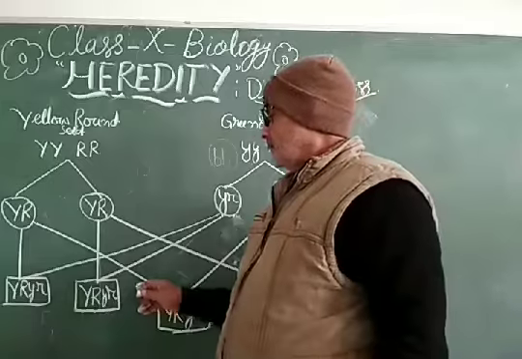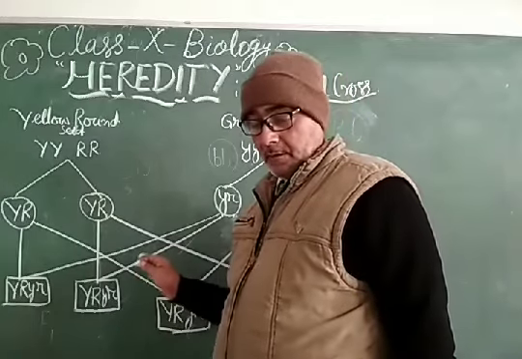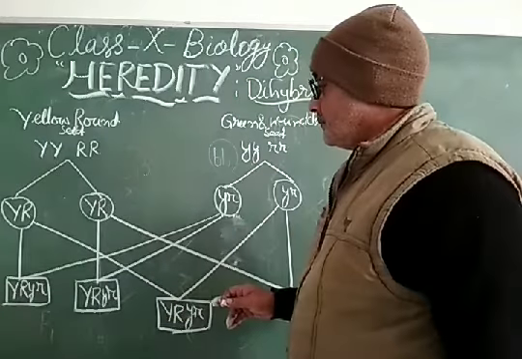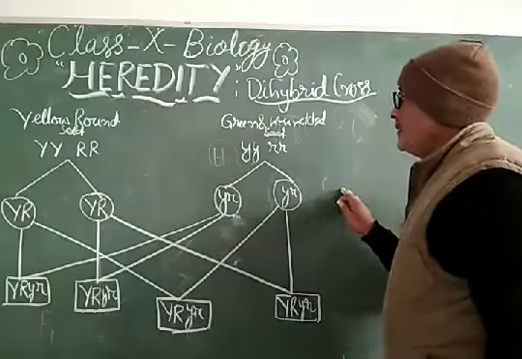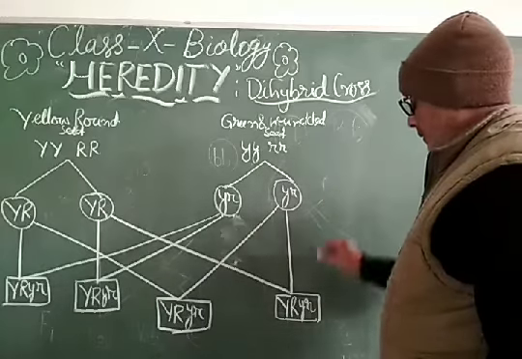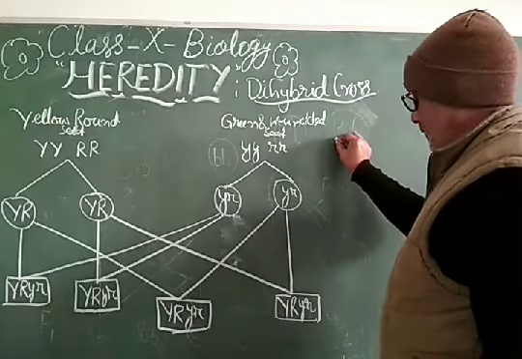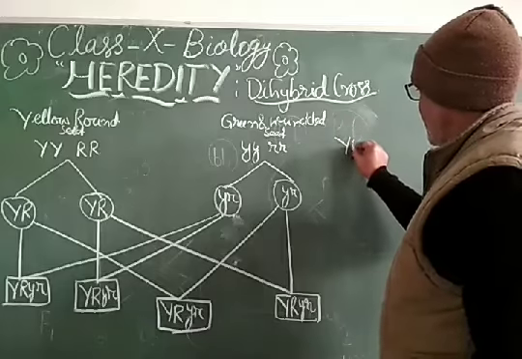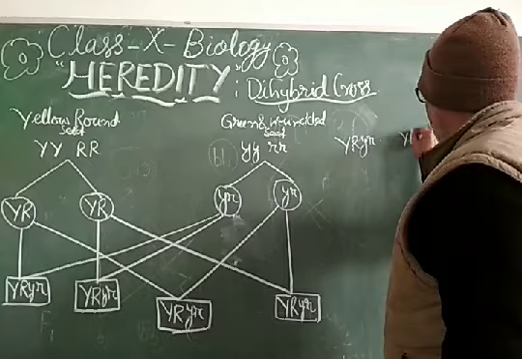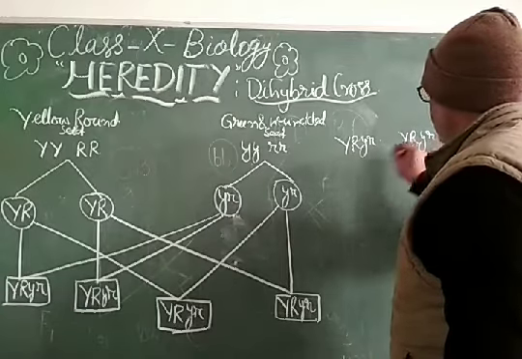But now come to the F2 generation. See what happened in the F2 generation. Take the example of the hybrid: if this one will be here like YyRr and YyRr, so what happened?